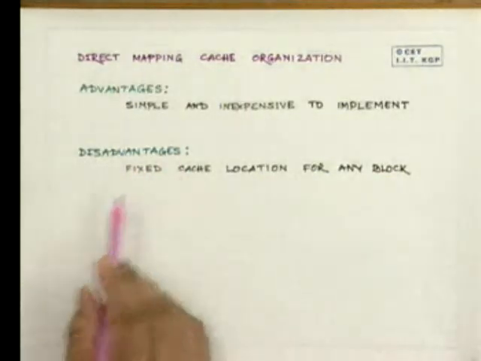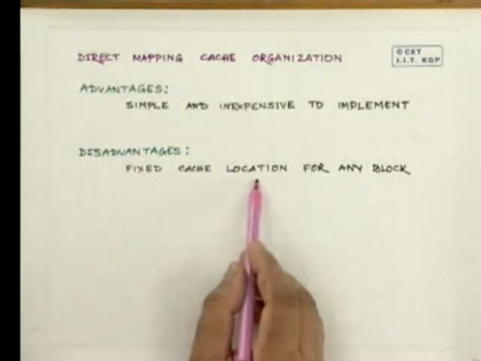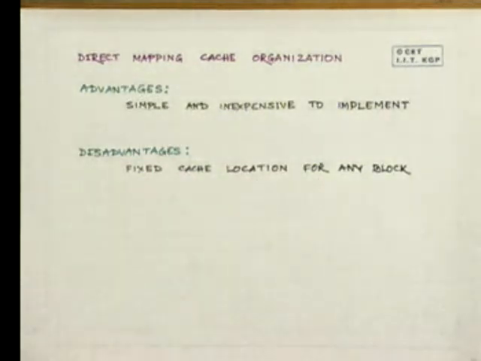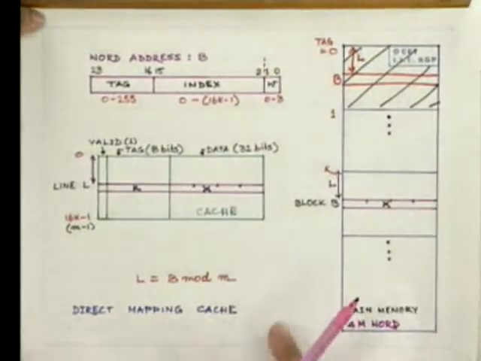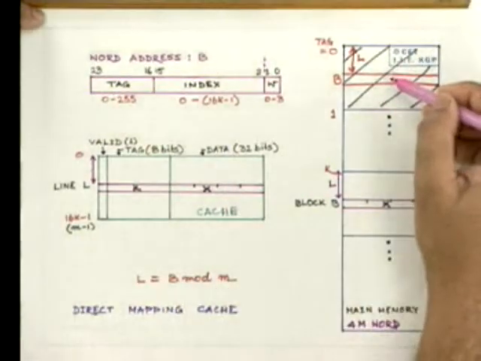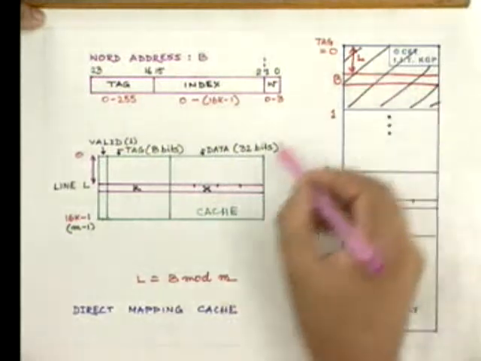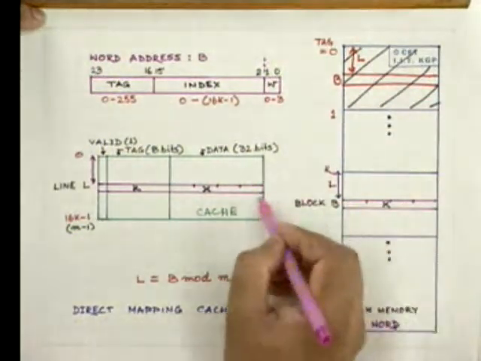The disadvantage is that there is a fixed cache location for any block, as we have been telling. All of these blocks are mapped into the same cache location, right?